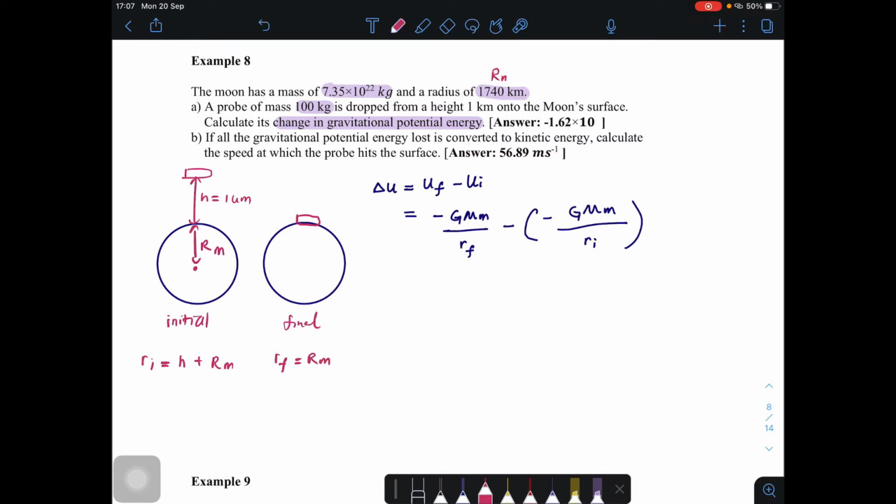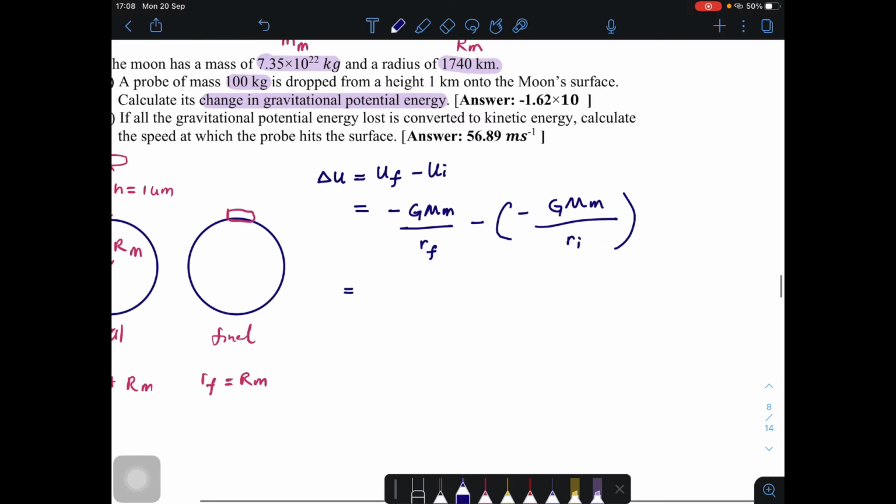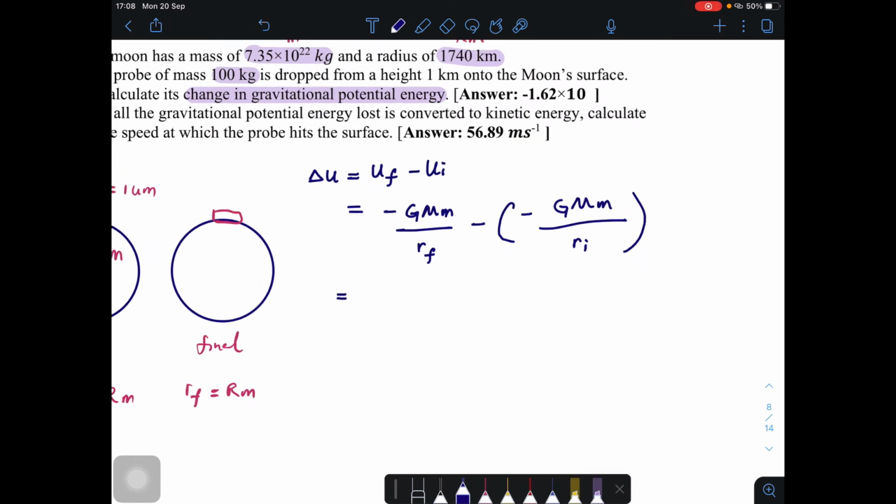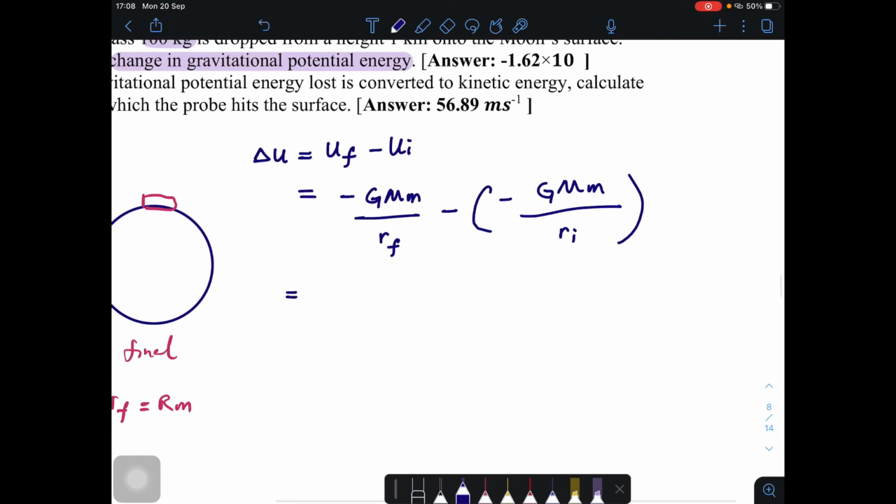So this is the radius of the moon, this is the mass of the moon. Okay, so now since all of these are constant, initial dan final mass tidak akan berubah. So yang berubah hanyalah the value for R here. So untuk senangkan kita just factorize sahaja, keluarkan value yang sama which is GMm.